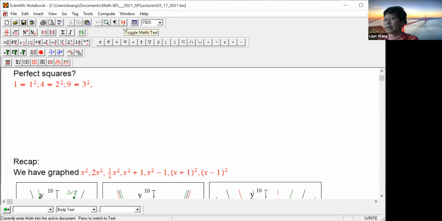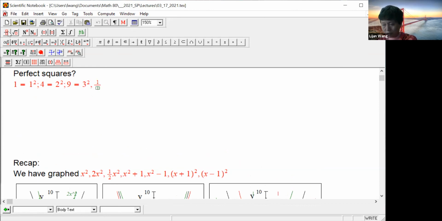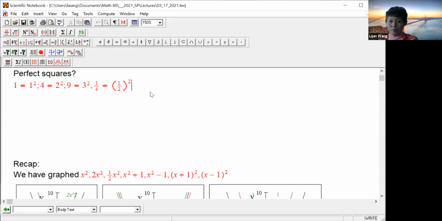Could a perfect square be a decimal number or a fraction? Absolutely. For example, a quarter is a perfect square because a quarter is 1/2 squared. How about a decimal number? For example, 1.69 is a perfect square.